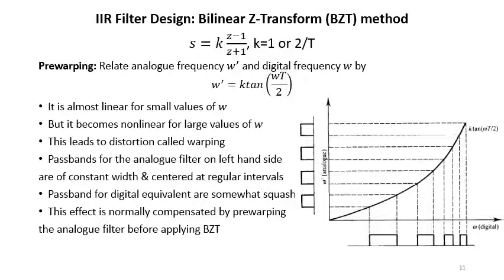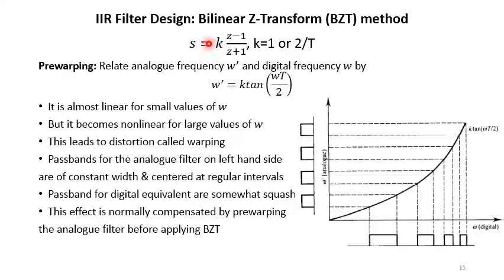Now, in the case of the bilinear Z-transform method, we replace s by K times (z minus 1) over (z plus 1), where K can have a value of 1 or 2 over T. When we use the numerical example, you will see that K is replaced in such a way that whatever value we assign to K, it will get cancelled with just small algebraic manipulation.